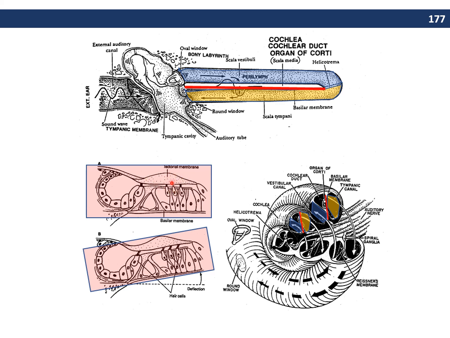And then once that basilar membrane gets deflected, once it moves due to that pressure wave, it changes the direction of the interaction of these hair cells on this tectorial membrane, which then leads to the stimulation of this cochlear nerve, which is responsible for us then being able to sense hearing.